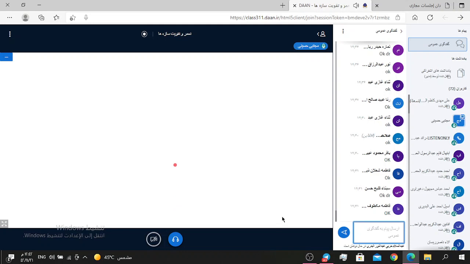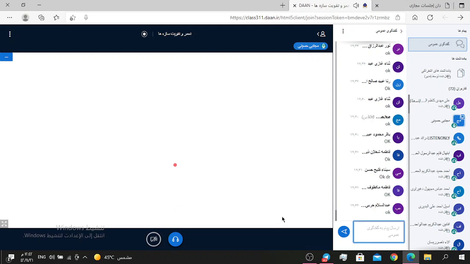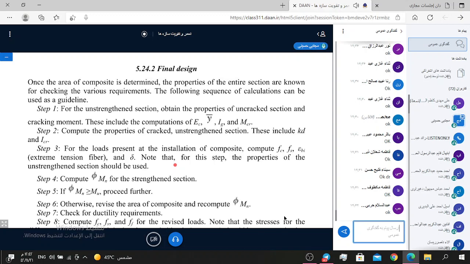And also you can study the final design. Area of composite is determined. Properties of the section are known for checking various requirements. And we must follow the following sequence of calculation using these.